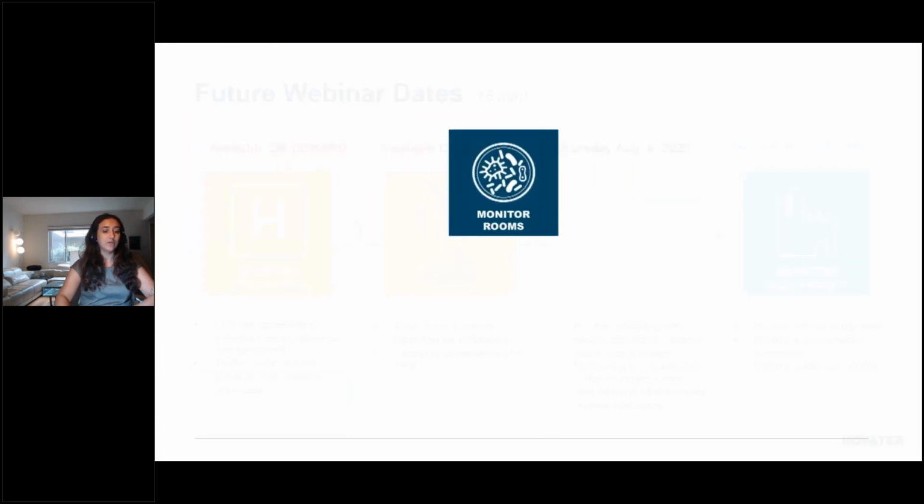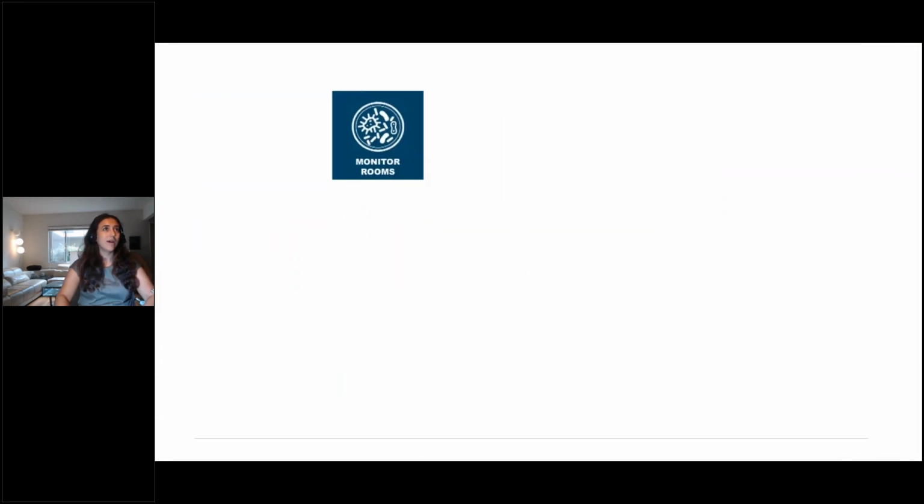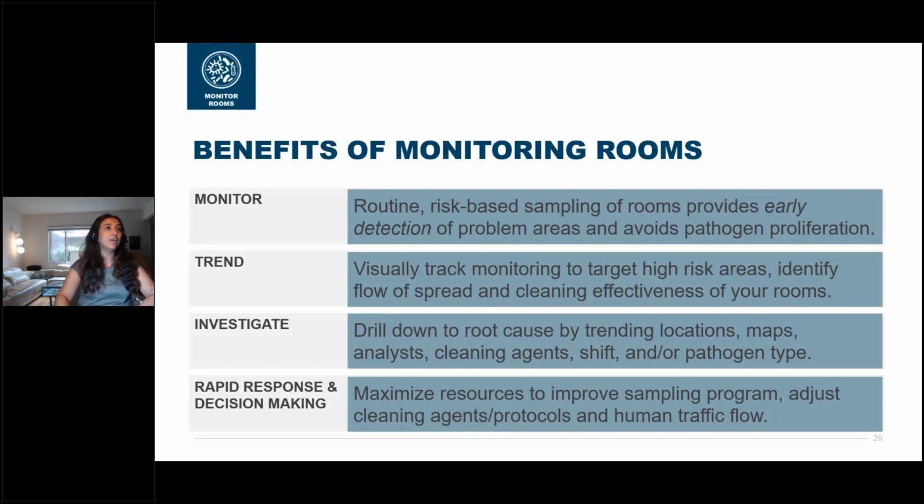So we looked at monitoring routinely, but in terms of high risk areas. So we're mapping, we're determining high risk areas, and then we're maximizing our efforts in order to deal with the high risk areas and leverage the work that is done to ensure we are managing outbreaks.